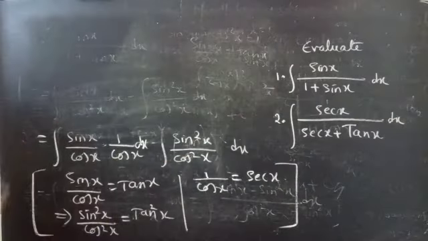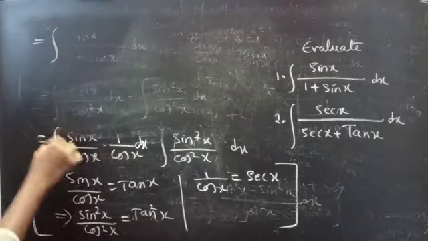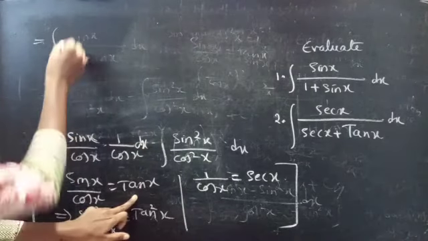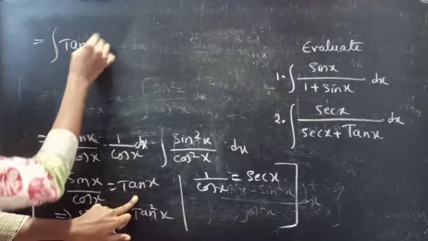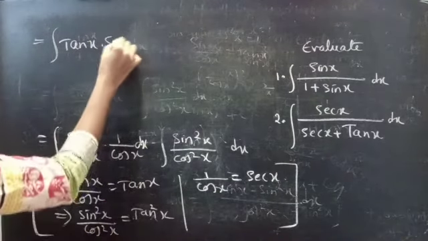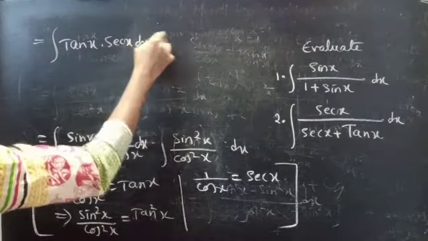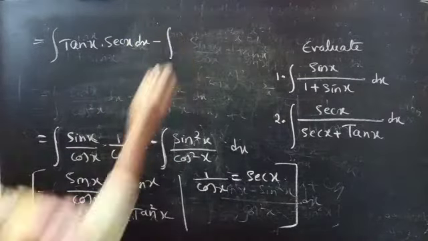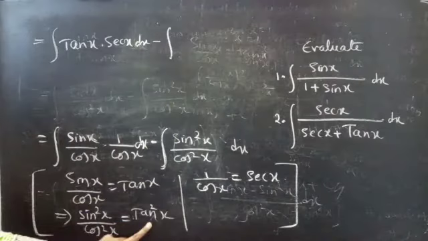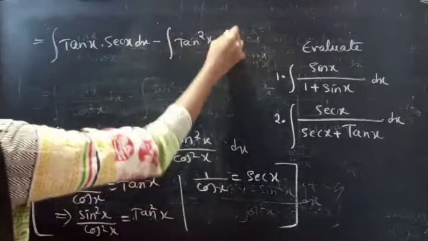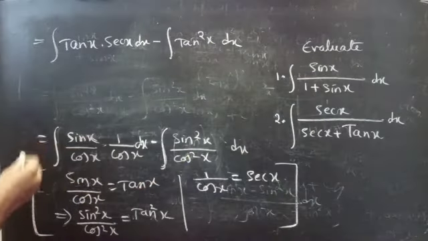So this equals the integral. Now replace sin x by cos x with tan x, into 1 by cos x with secant x, into dx, minus the integral of sin square x by cos square x replaced with tan square x, dx.